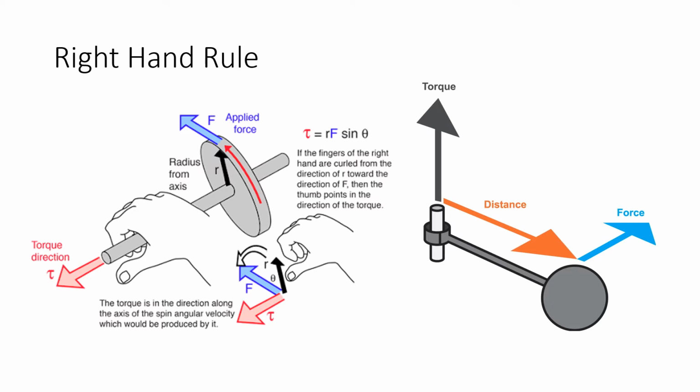I don't need you to memorize this right at the moment. I just want to show it to you right now so it's not terrifying later. I'm going to take my right hand and first point out the distance away from the pivot point. So where is the pivot point? Where is the force being applied? And I point my hand in that direction.